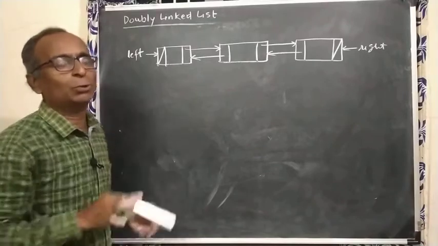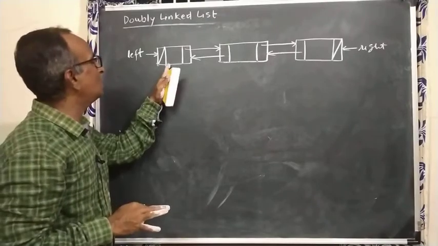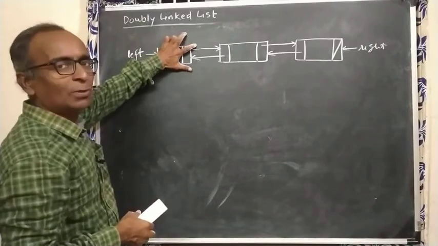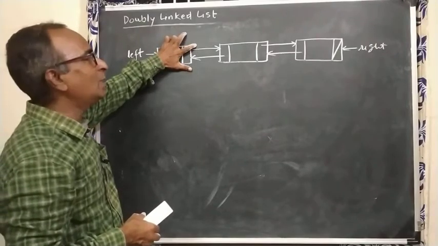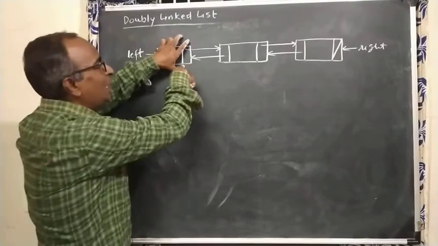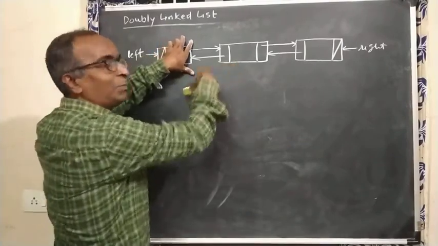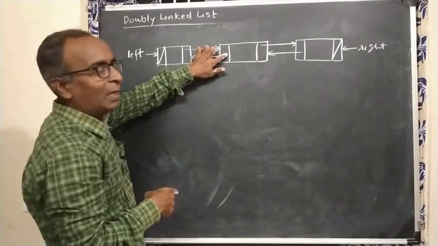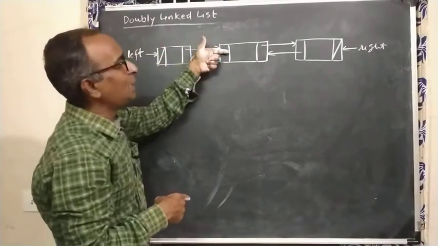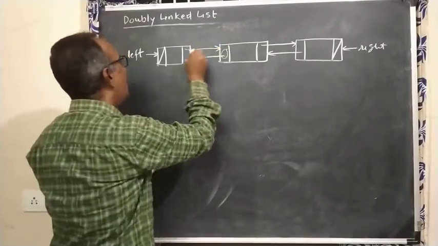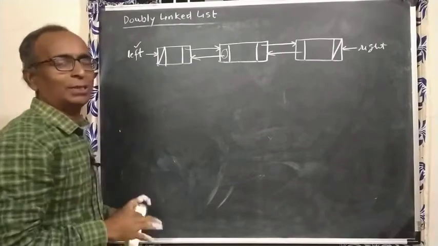Deletion of the leftmost node: if we want to delete this node, which pointers do we have to adjust? See, if I delete this node, the next node will not have a predecessor, so this field we have to set as null, and left has to be changed to this node. These 2 pointers, this field and this left, you have to change.